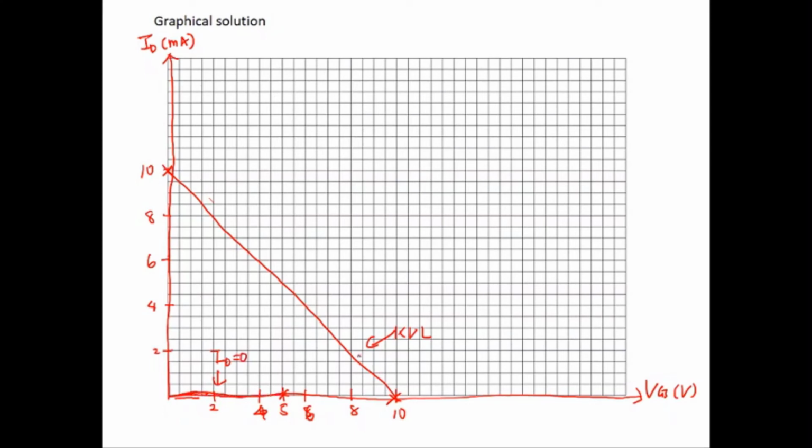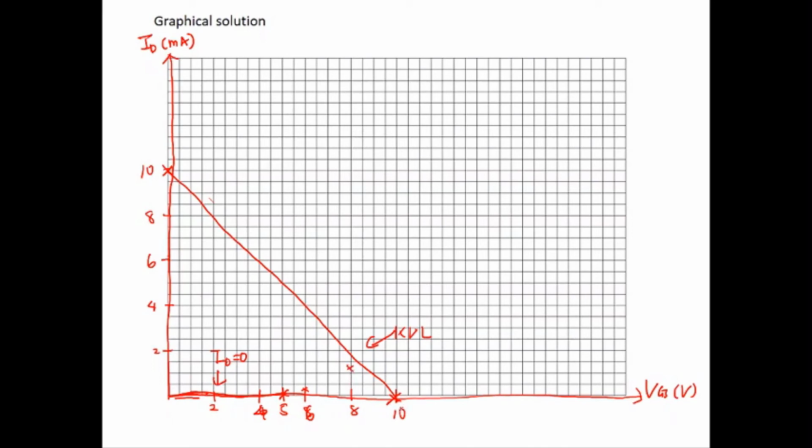And then at 6, the current is 0.15, so it's quite low. And when VGS is 8, the current is 1.35, which is around here.